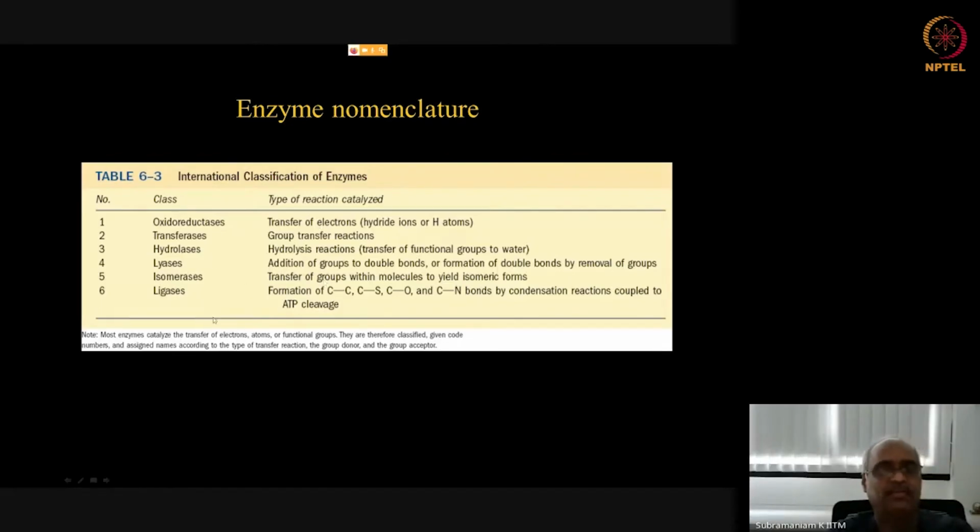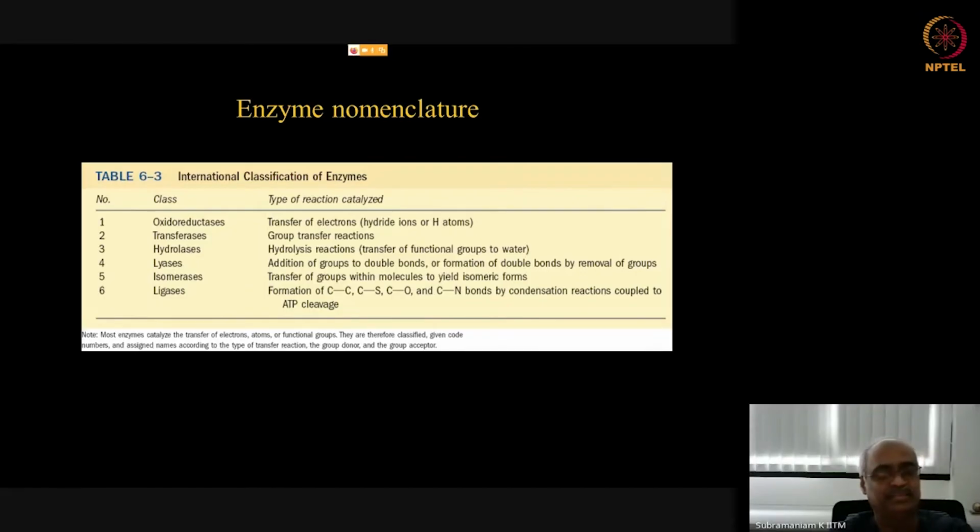Other group-breaking reactions, like addition of groups to double bonds or formation of a double bond by removing groups, are done by lyases, because they lyse. You need to distinguish this from hydrolases because here a water molecule is involved, and addition or removal of water is required.